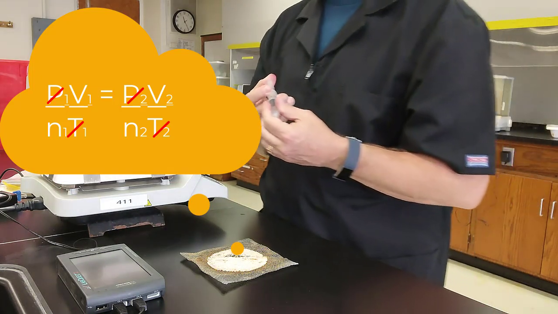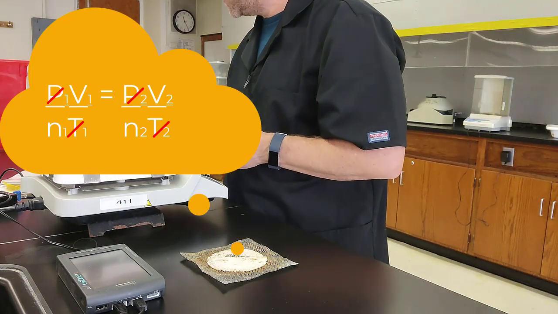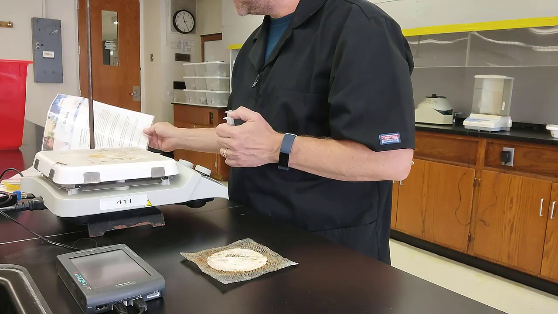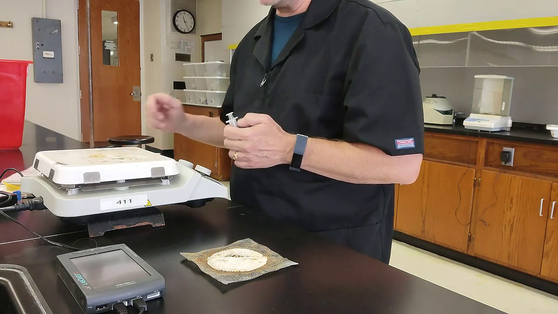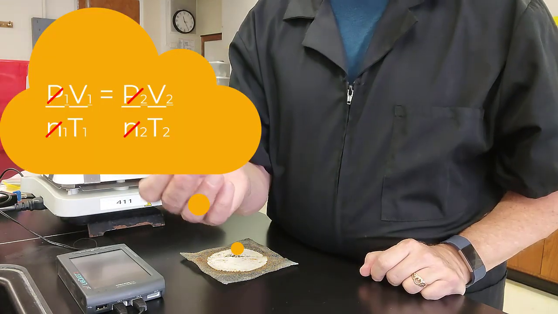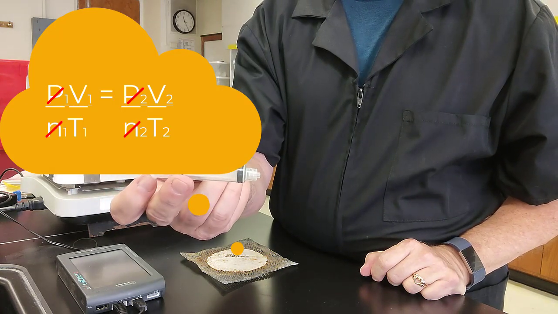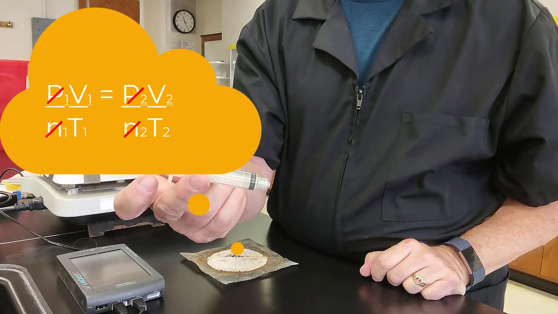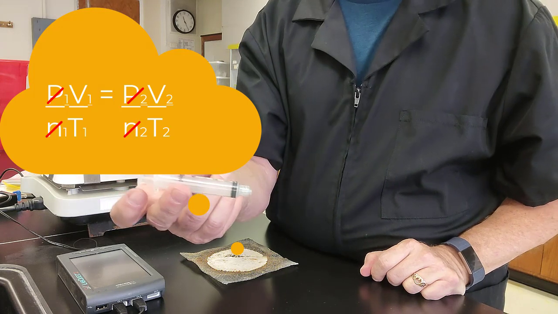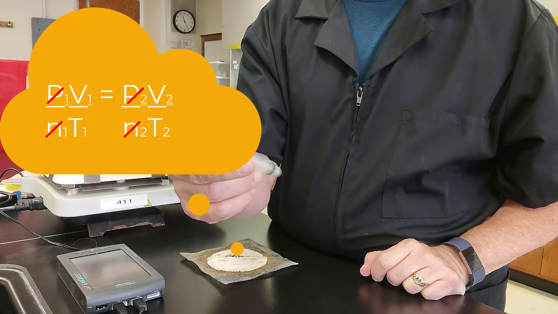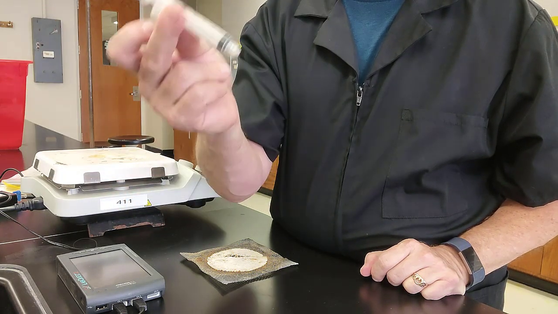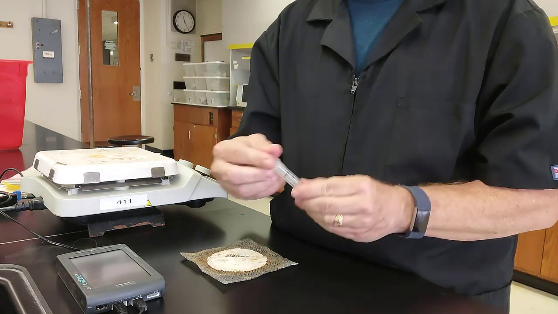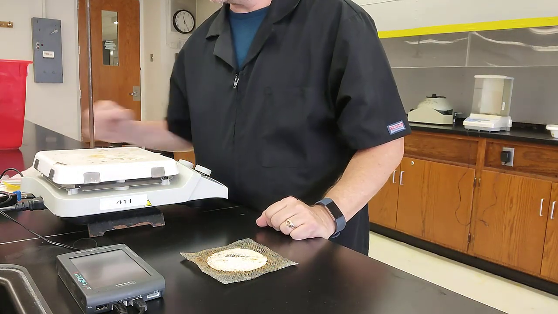Not too challenging. We're also not going to look at Charles's law, volume and temperature, although maybe at the end of the experiment I'll just slam this syringe into the hot water and see if there'll be enough temperature change to cause the syringe to expand and blow up. We'll check it out.